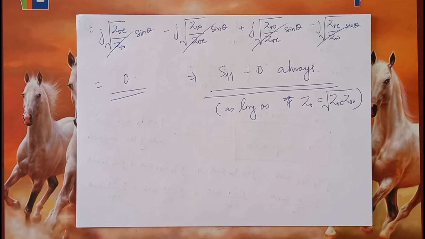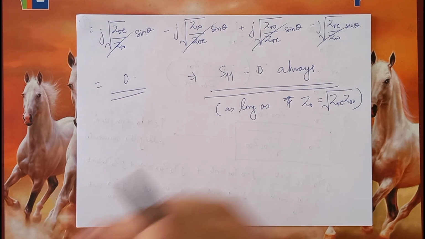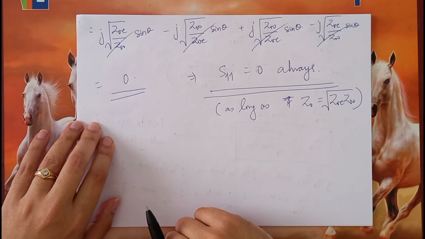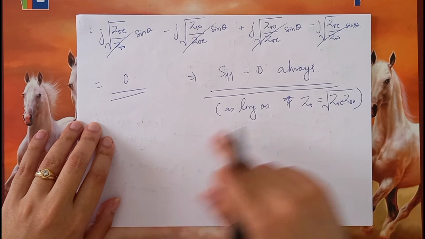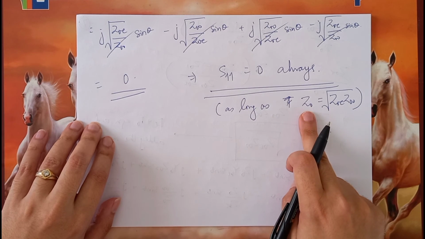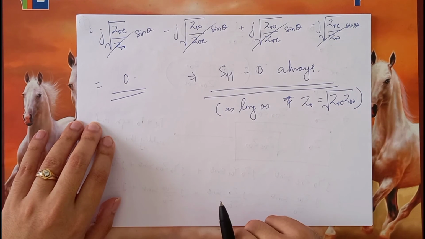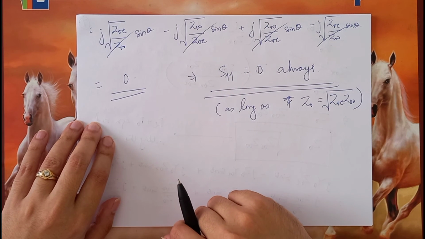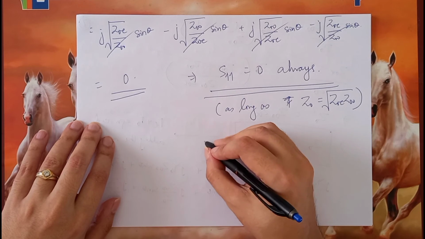Even if S11 is 0, it may not sound all that surprising or important. What you must notice is there were the sine theta terms also. So as long as we are able to ensure that Z0 is equal to the geometric mean of Z0e and Z0o, S11 will be 0 irrespective of theta.